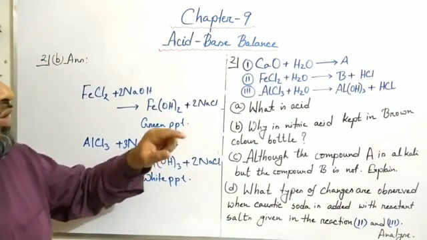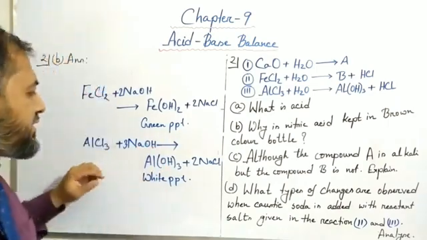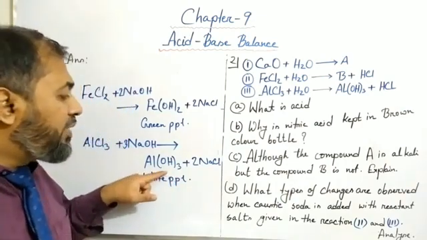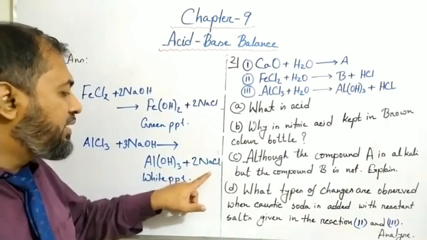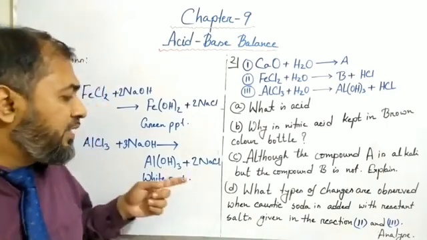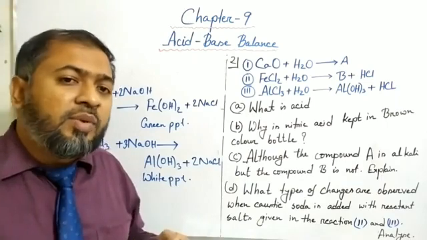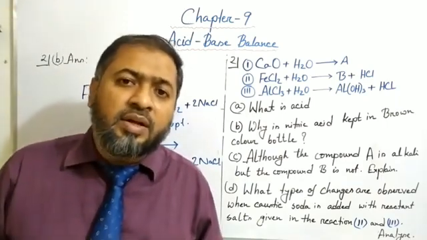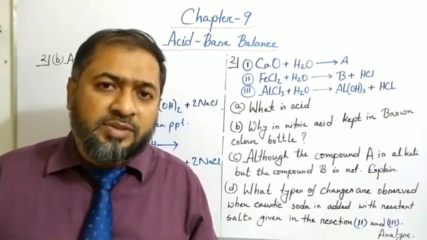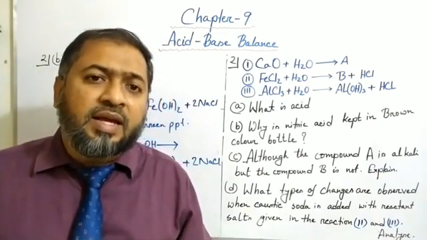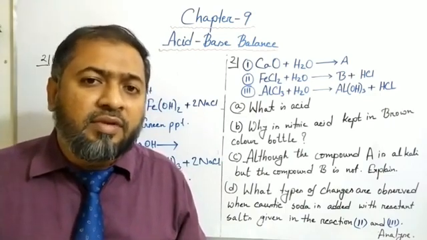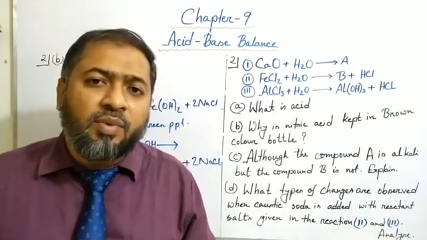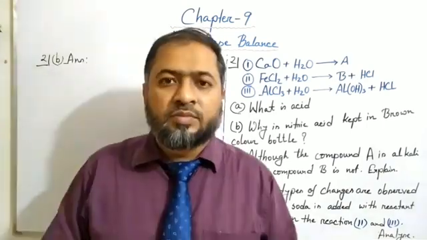On the other hand, when sodium hydroxide is added to aluminum chloride, it will produce aluminum hydroxide and sodium chloride. Sodium chloride easily dissolves in water, but aluminum hydroxide cannot dissolve in water, and it will form a white precipitation. So observing the color of the precipitation, we can readily identify that the first one is ferrous ion and the second one is aluminum ion.